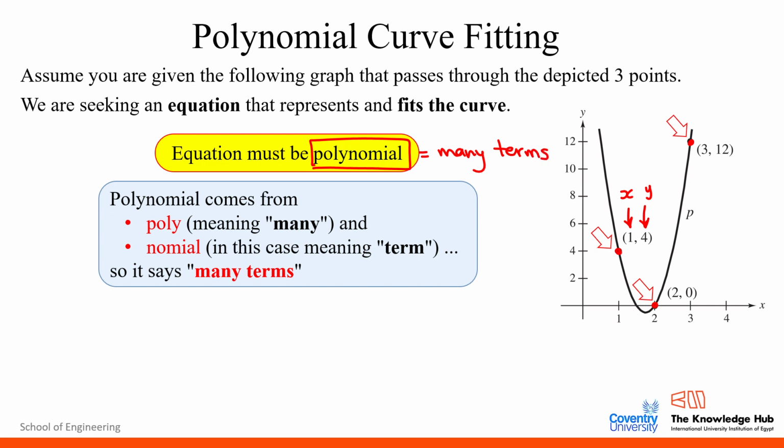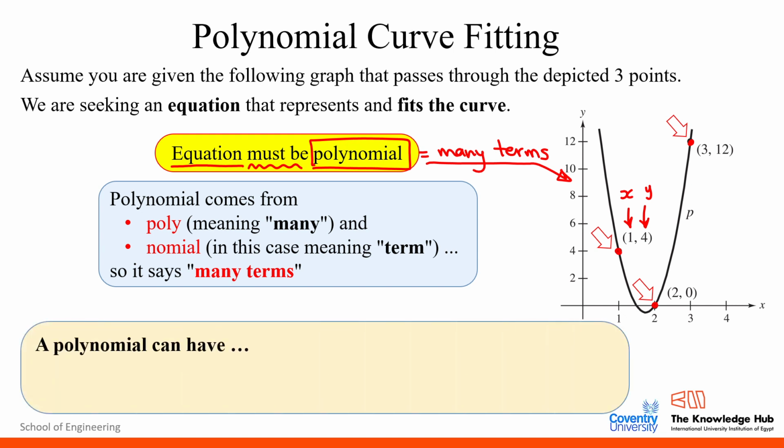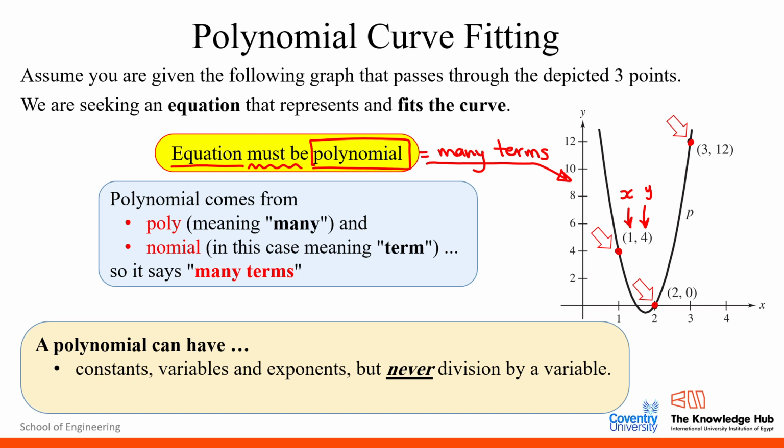You should be aware that any equation must have many terms to represent a curve, since one term wouldn't represent a curve. A polynomial can have constants, variables, and exponents.